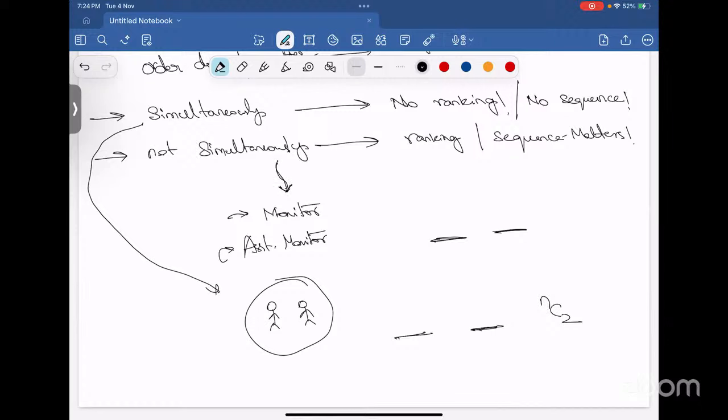For the non-simultaneous case, if you are going to select a monitor and an assistant monitor, then you have to select the monitor first, then the assistant monitor, right? And also there is some hierarchy between monitor and assistant monitor. Let's assume we are not selecting an assistant monitor, only a monitor. Then we can say that it is not simultaneous. We are only selecting one person in a class.